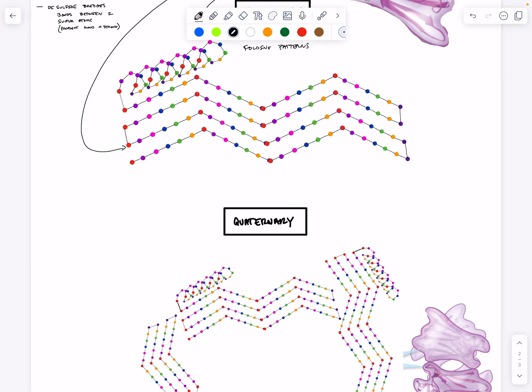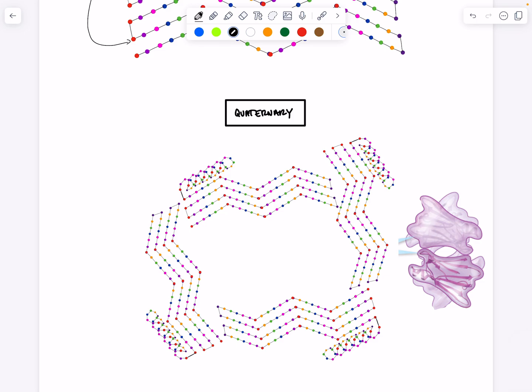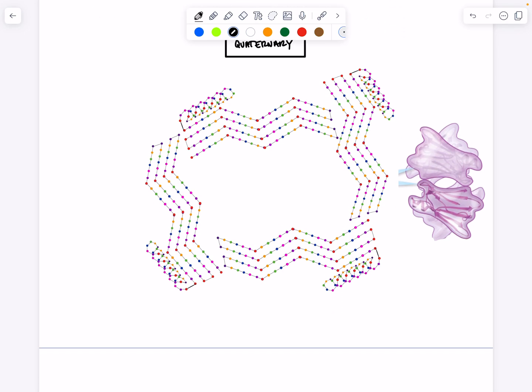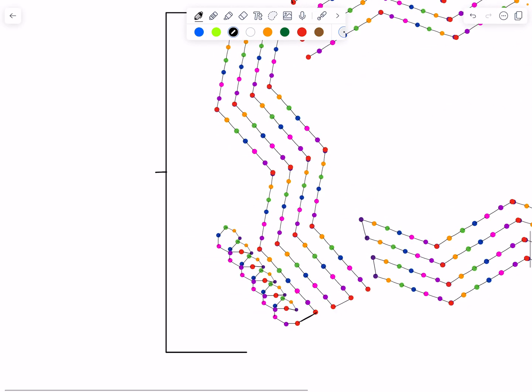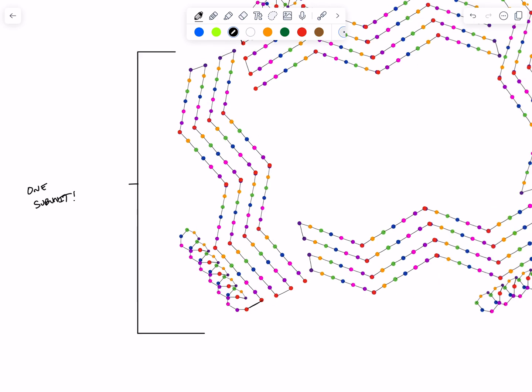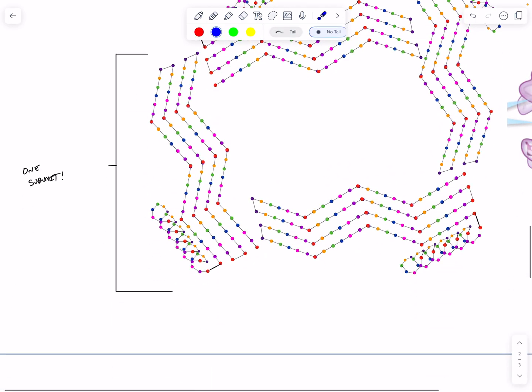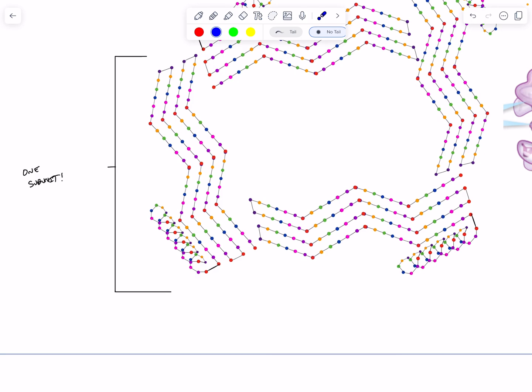Okay, and the last layer of structure is called quaternary structure. And what differentiates quaternary structure from tertiary structure is that it's composed of multiple subunits, so multiple primary structures. So for example, if we were to dissect this quaternary structure protein, we would see that this is one subunit. So it's a long chain of amino acids, and we could follow it from one end all the way to the other end, and there would be no breaks in the peptide bonds holding this whole structure together.